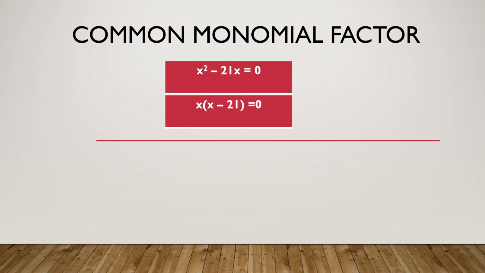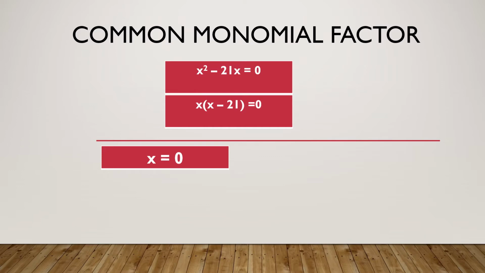Because if we multiply it back, x times x would be x squared. Then x times negative 21 would be negative 21x. Next, using the zero product property, we can separate the two factors into x equals 0 and x minus 21 equals 0.